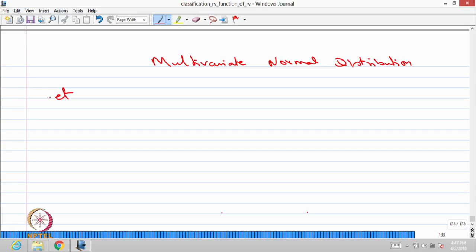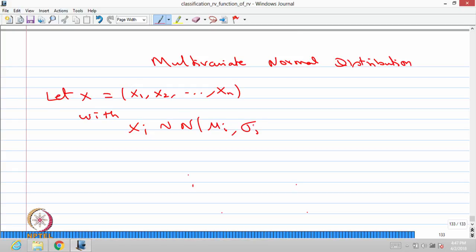Let x be a vector whose elements are x1, x2 and so on. It is an n-dimensional random variable of continuous type, with each random variable xi following a normal distribution with mean mu i and variance sigma i square, for i equal to 1 to n.